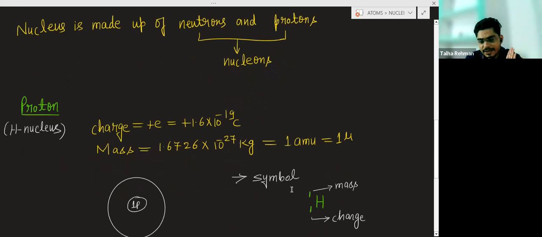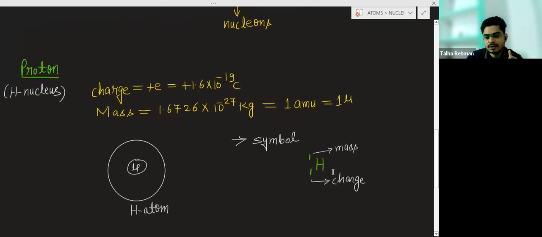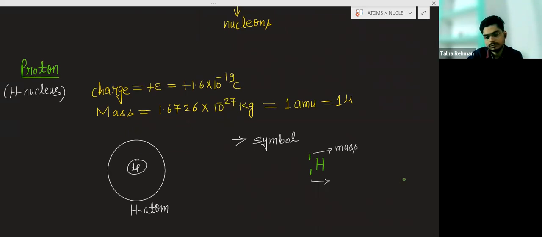Okay, and the representation is H with 1 and 1. This is the atomic number, the number of protons.